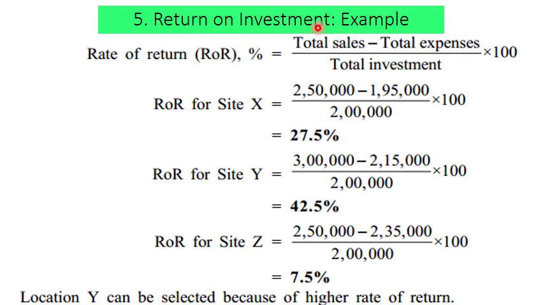We take total sales and total expense from the previous slide, and we get 27.5 for Site X, 42.5 for Site Y, and 7.5 for Site Z. So based on this calculation, location Y can be selected because there is a higher rate of return in that location, that is 42.5, which is greater than X and Z.